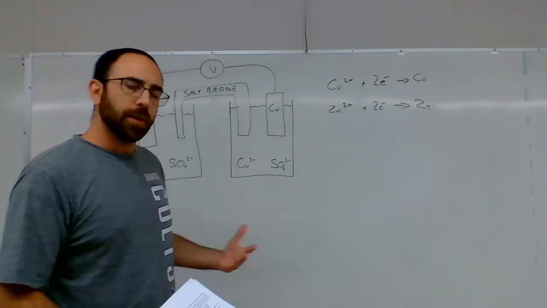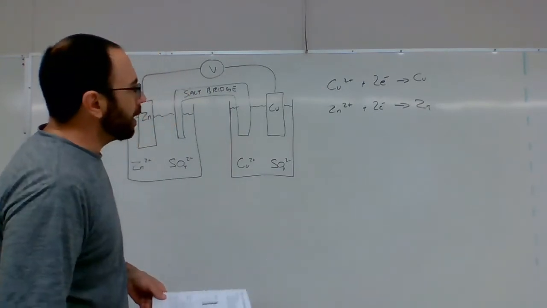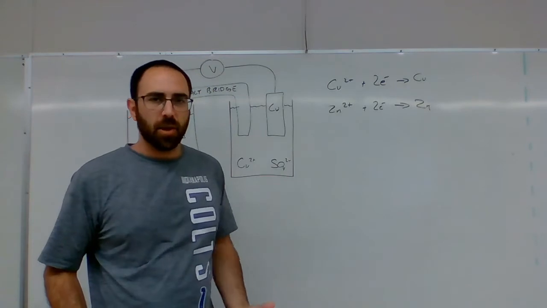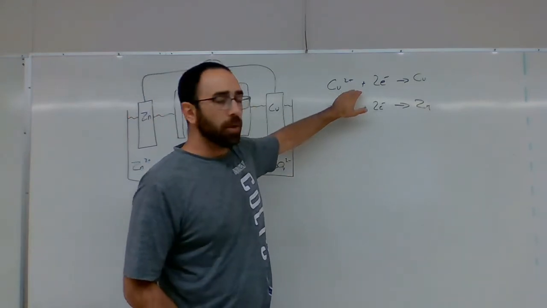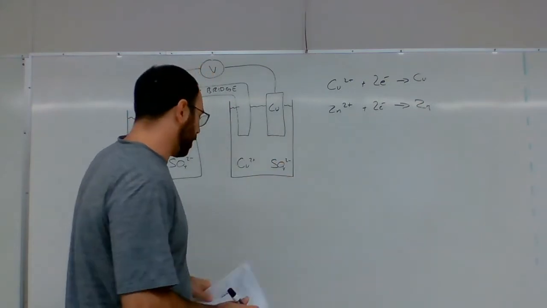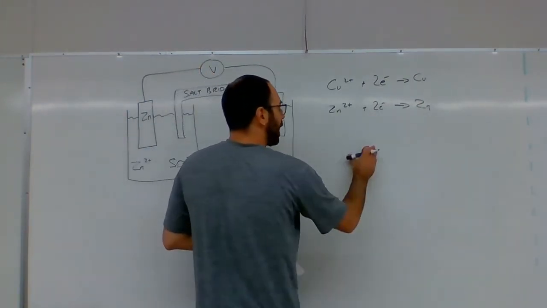In order to find that out, we've got to take a look at our standard reduction potential. And when we do that, we realize that copper is higher up than zinc is on that list, which means that copper is going to undergo the reduction and zinc is going to undergo the oxidation. So we're going to need to flip this reaction around.